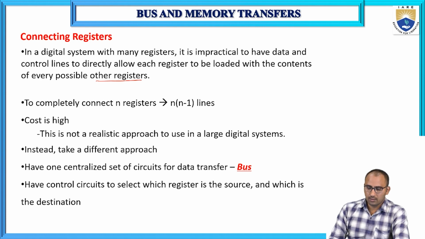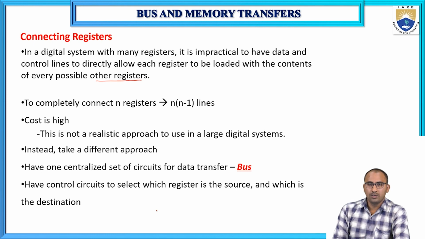If you connect directly one register with another register, it requires more connecting wires. That's why it is impracticable to connect one register with the other registers directly.